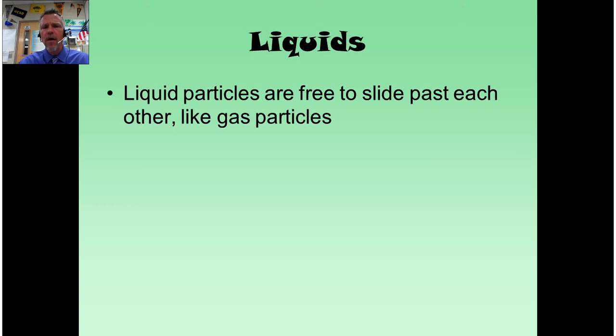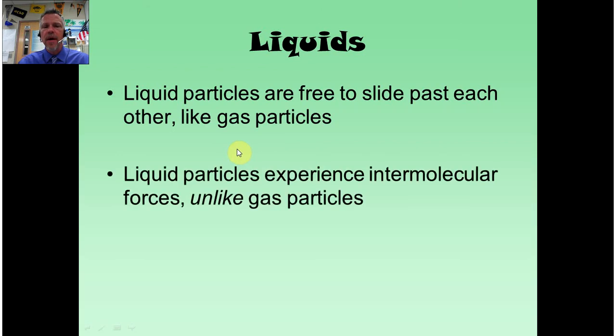Liquids are kind of like that in that the liquid particles can move past one another quite easily, but they do experience intermolecular forces. In other words, the liquid particles are much closer together than the gas particles were, and so those molecules or atoms are able to exert forces on one another. Gas particles don't do that because they're far apart from one another.